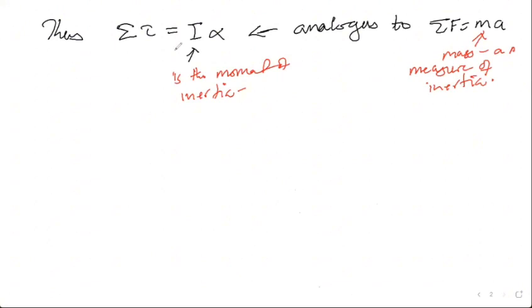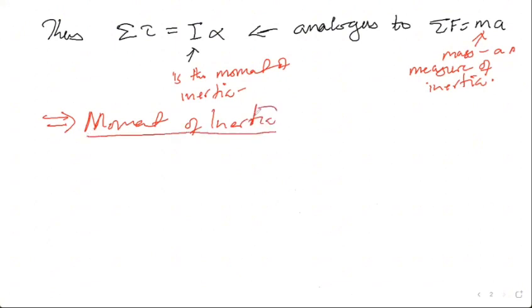Now, how do we determine the moment of inertia? Remember, it depends on the shape, the location of the axis of rotation, and the position and the mass of the object.